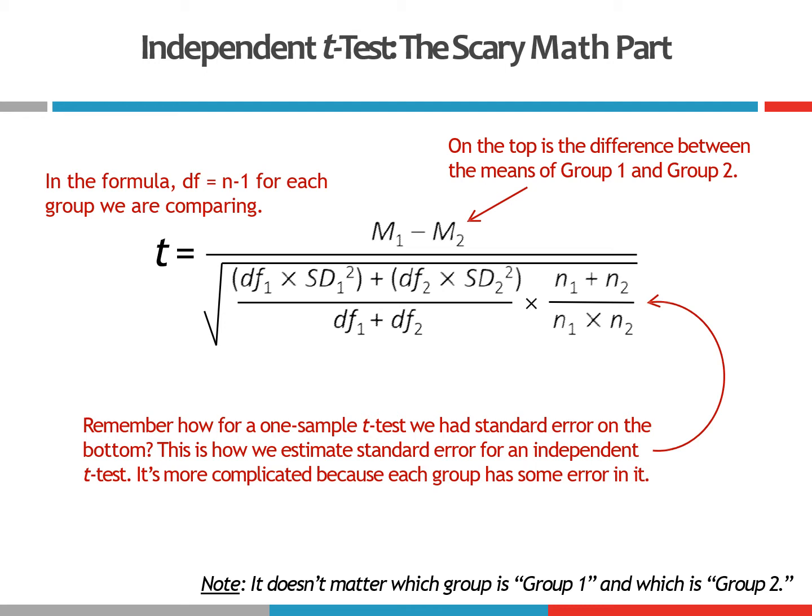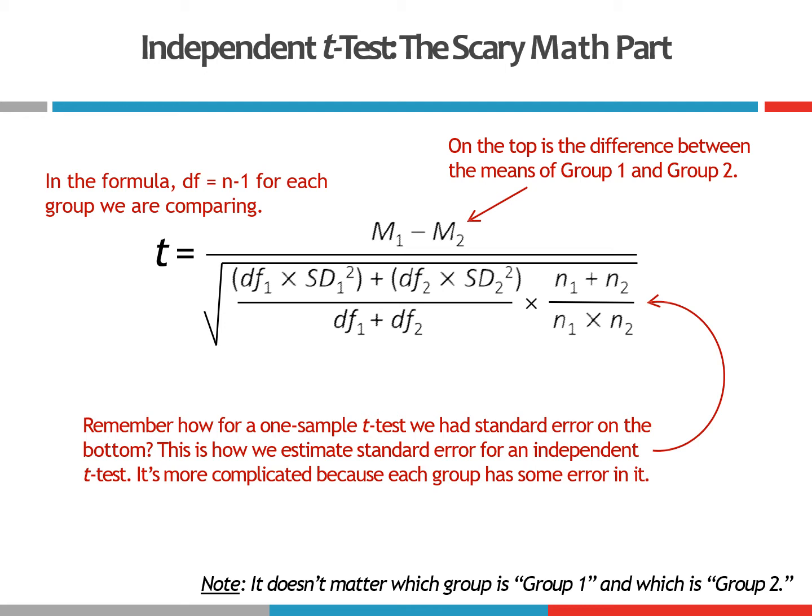So your degrees of freedom is 19 and your N is 20 for each of your groups. Okay, again, that's not always the case, it's just an example. Okay, so now that you know what everything in the bottom part of our fraction represents, let's talk about what it means, right?